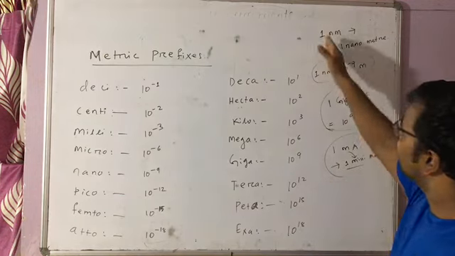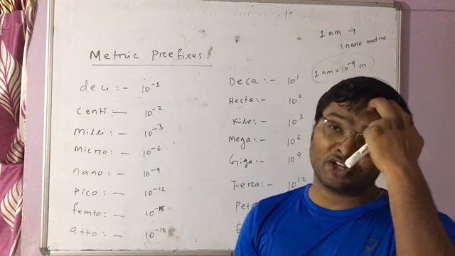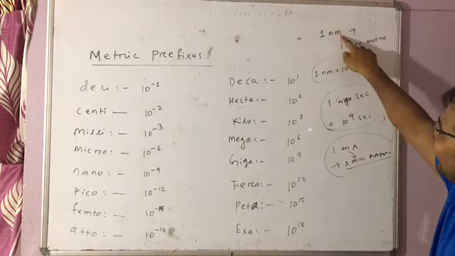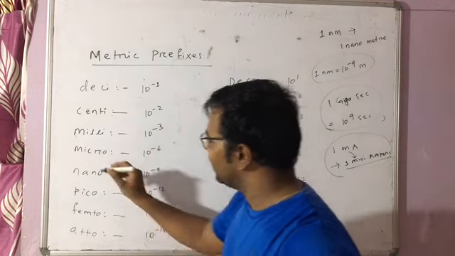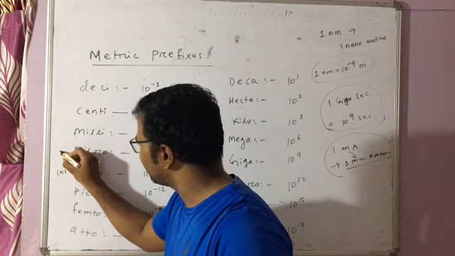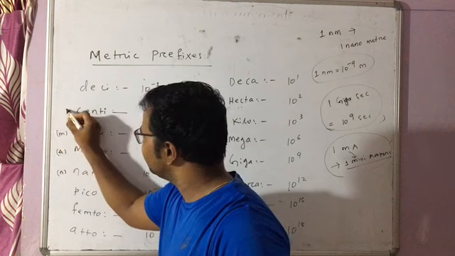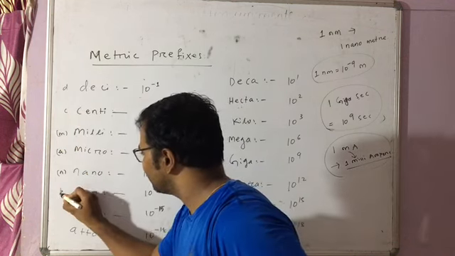Then how are these prefixes used? Suppose somewhere it is written in your book that the distance of separation between two masses is 1 nm. N stands for nano, the symbol for nano is small n. Micro you can write as mu. Milli, small m. Centi means small c. Deci means small d. Pico means small p.